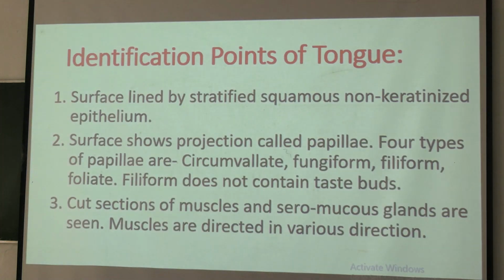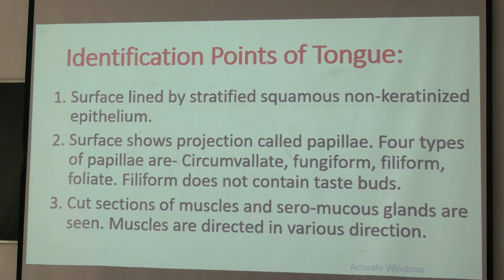So what will be the identification points of the tongue? These points you have to write down in your histocopy. The surface is lined by stratified squamous non-keratinized epithelium, and the surface shows projections for the papilla. Four types of papillae are there: circumvallate, fungiform, filiform, foliate. Filiform does not contain any taste buds.